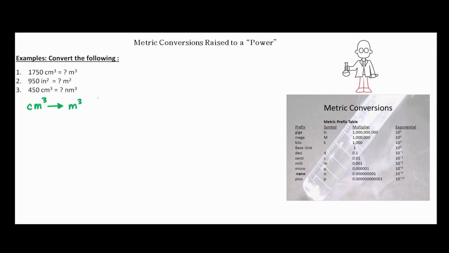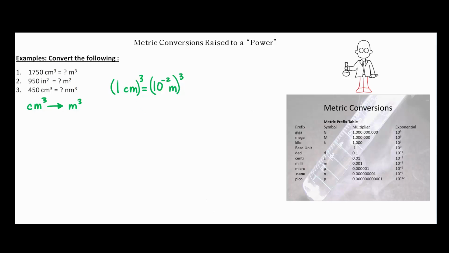Now, we would perform this operation much the same as we would in the regular metric conversions. We need to know the conversion factor, the relationship between the centimeter and the meter. So 1 centimeter is equal to 10 to the minus 2 meters. Now, since this is raised to a power, I need to cube both sides.